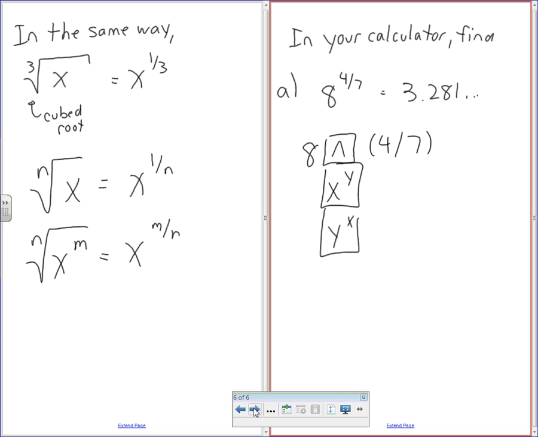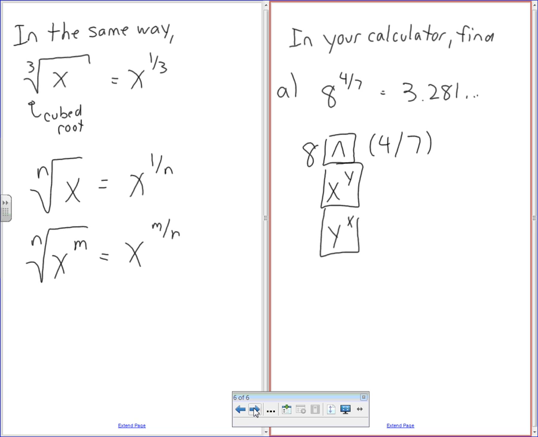So 8 to the power... Okay, so 3.21, was it 3.2? Okay, good.